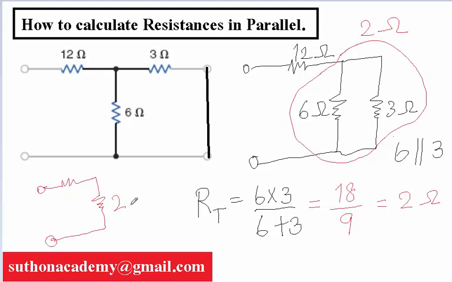This is 2 ohm. This is 12 ohm. So the total, that means you gonna add 12 and 2 to become. So the resistance of this circuit, total of this circuit, let's say total 2, that means overall, or maybe I will rewrite this to overall.